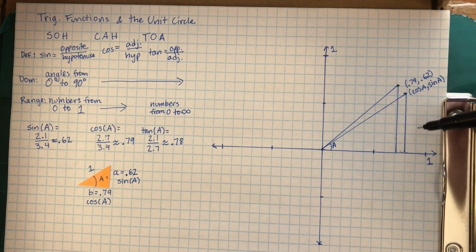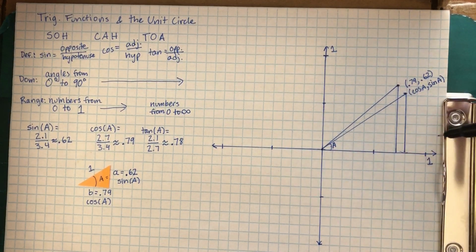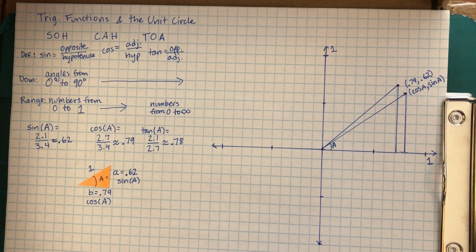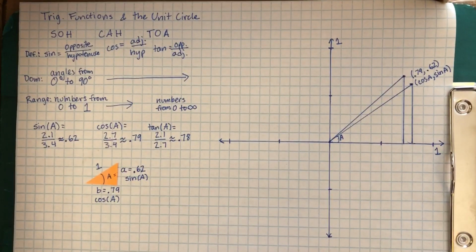Okay, let me do a skinny angle, something that's a fairly small angle, and let me also do one that's close to 90. So let me do cosine of, how about 15 degrees is around 0.97, and the sine of 15 degrees is around 0.26.